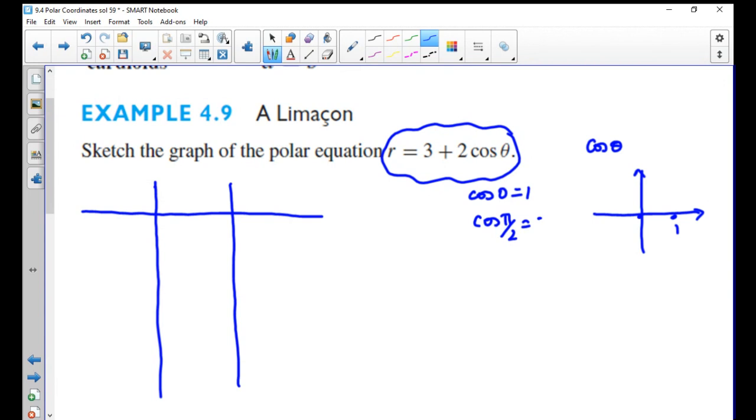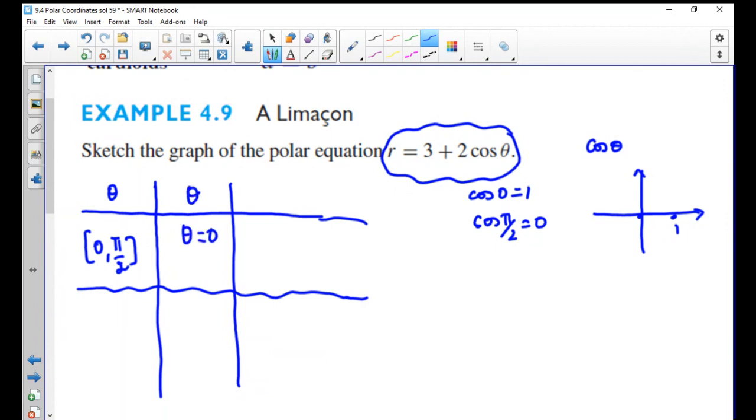You should know these values, by the way, if you take your calculator. So the cosine changes from 1 to 0 in the interval 0 to pi over 2. So let me study this interval, and take some values of theta.